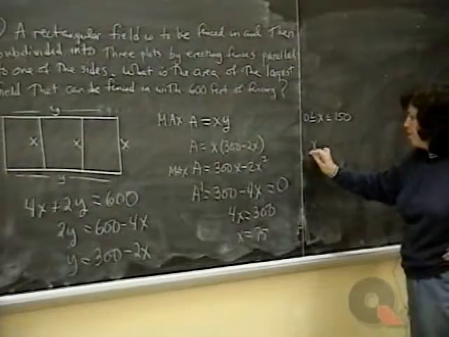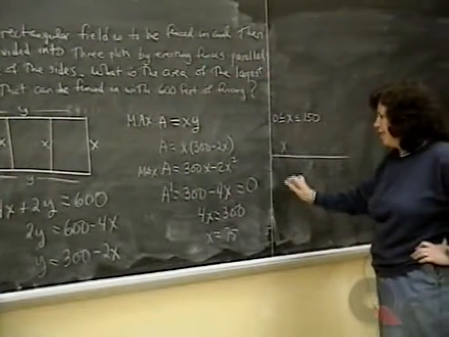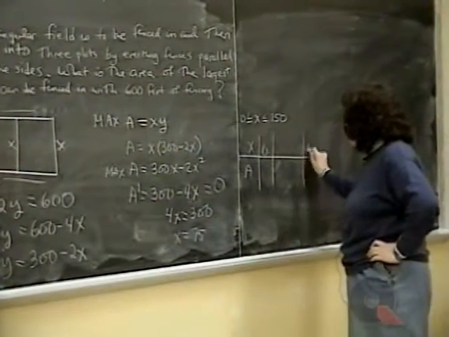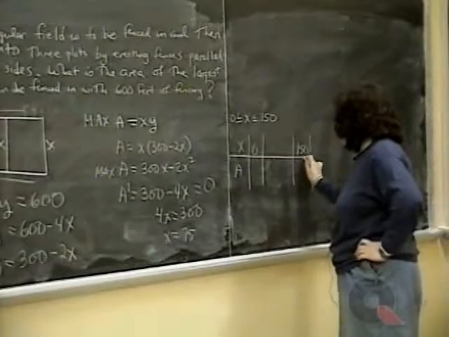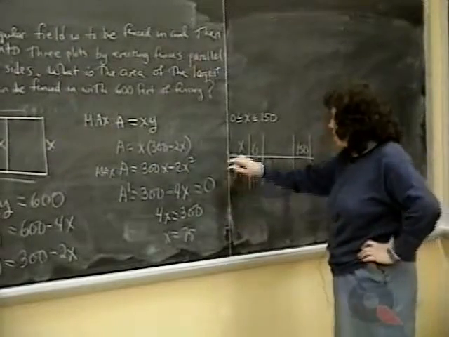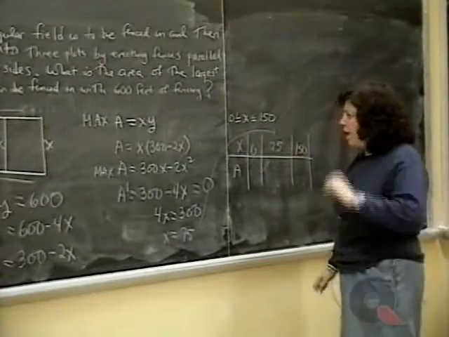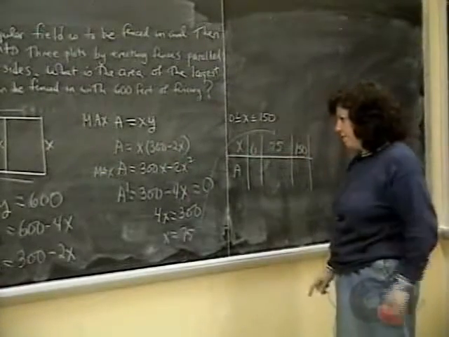Now you would make yourself a chart, x against A. The endpoints of the interval are 0 and 150. The only critical number that we got, 75, does fit into this interval. We put it in here, and we figure out what A is in each case.